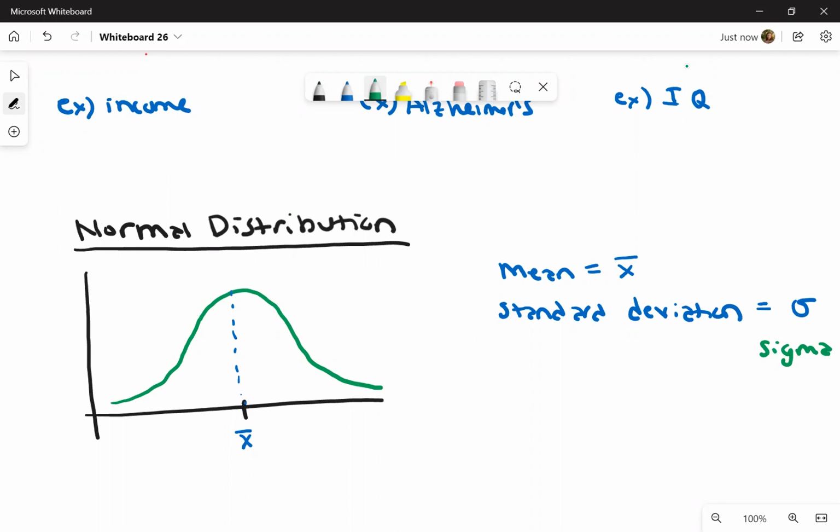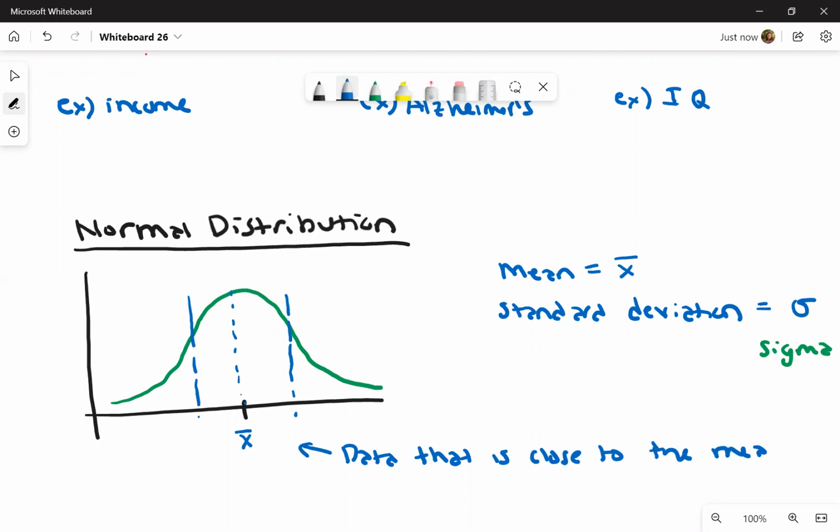Okay, so here's what happens. With the normal curve, there are some really cool properties that occur. The first one is that it has this kind of symmetrical bell shape to it. And the idea is that data that resides close to the mean has a higher probability of occurring.